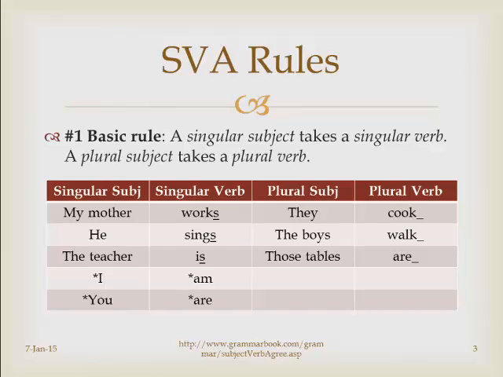So, singular subjects like my mother, he, and the teacher take singular verbs like works, sings, and is, which coincidentally have the letter S. Plural subjects, on the other hand, like they, the boys, and those tables, take plural verbs like cook, walk, and are that have no S. However, words like I and you have exceptions to the rule where they take special verbs like am and are.